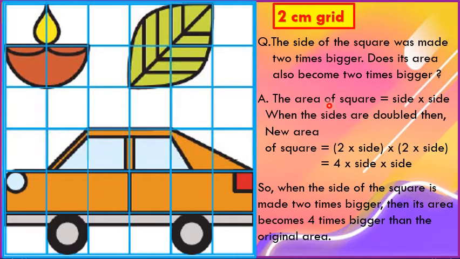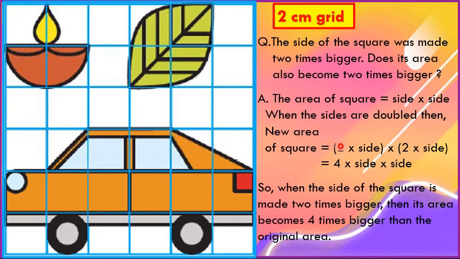Answer is, the area of a square is side multiplied by side. When the sides are doubled, then the new area of the square will be 2 into side multiplied by 2 into side.